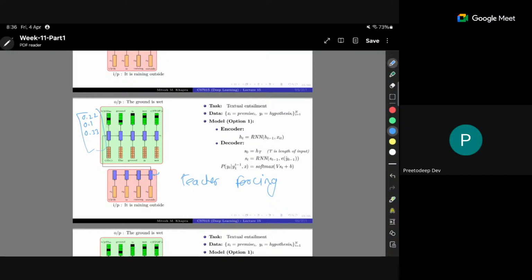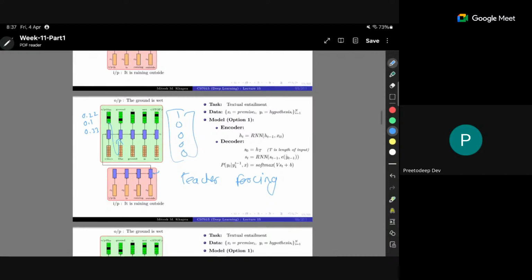But I'm not going to give that here. Like I'll not use the same output here, but I'll use, let's say, the true output, right? So I know that the sentence is written like this. So I know it, right? So that's why I'm going to use that here, so that whatever the next word is, I'll use that. Like you can see 001 or like this. Right? So the word is being written like this, and that I'll give. I'll not give this softmax output, but I will give this true output.